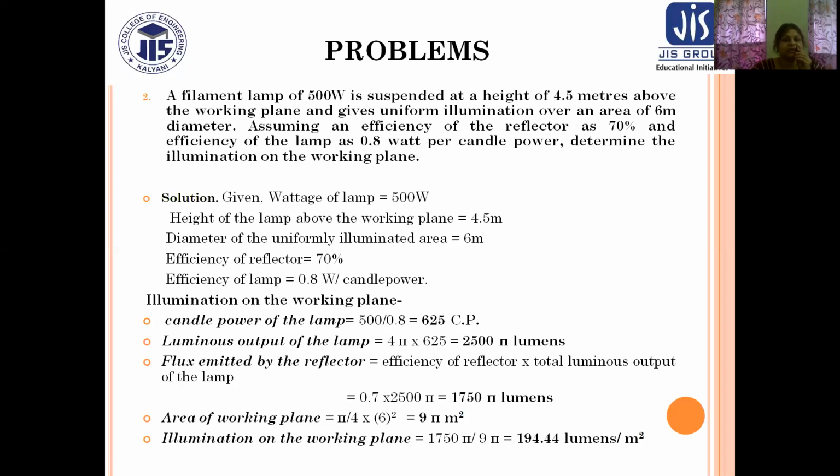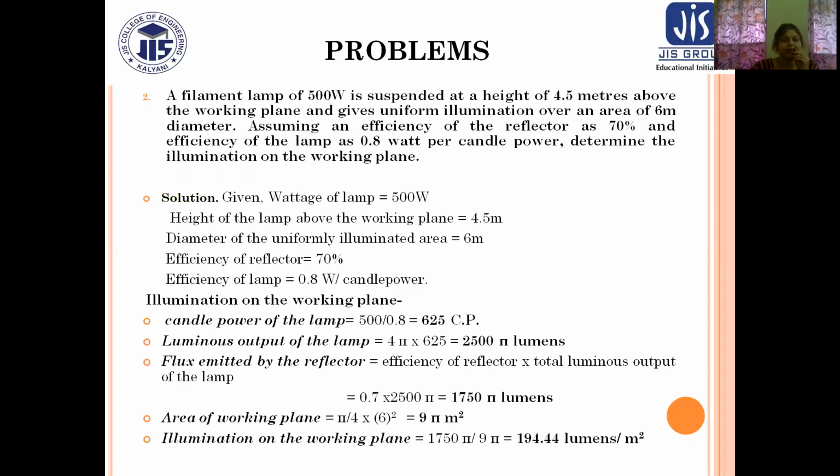So first, candle power of the lamp is equal to wattage of lamp, that means 500 watt, by efficiency of lamp, that is 0.8 watt per candle power. So 500 by 0.8 is equal to 625 CP, that means 625 candle power. So we get the candle power of the lamp.